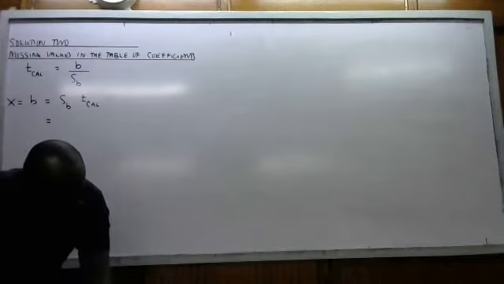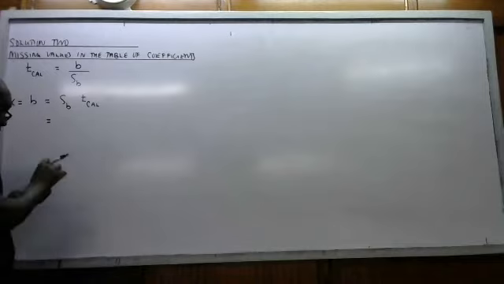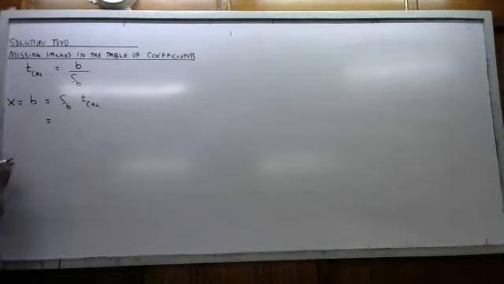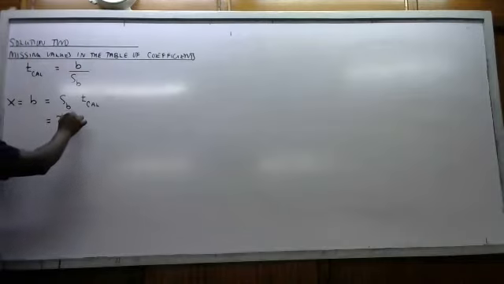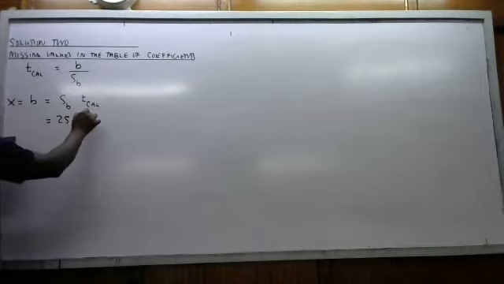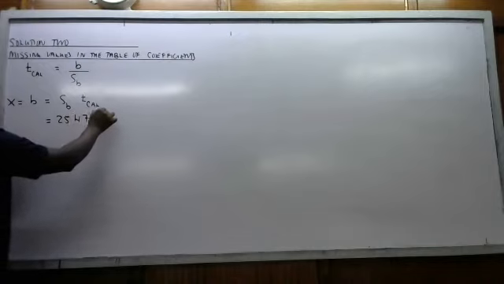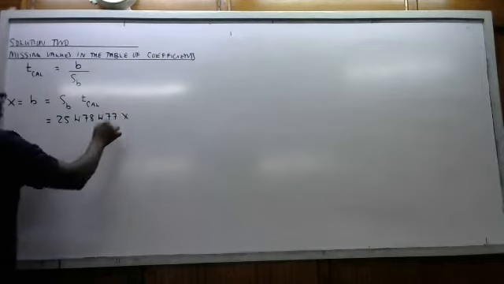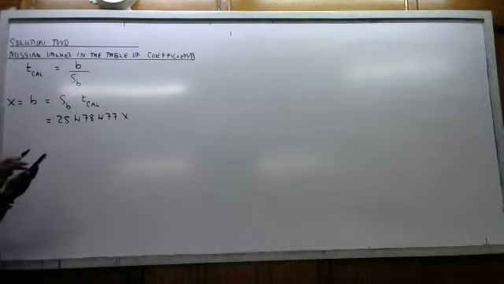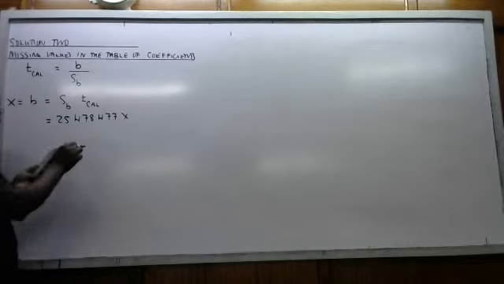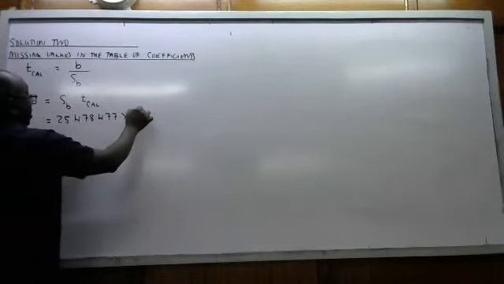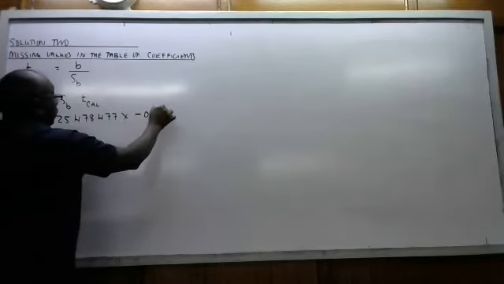So B is the SB. The SB is 25,478.477 times T calculated. T calculated is minus 0.125.